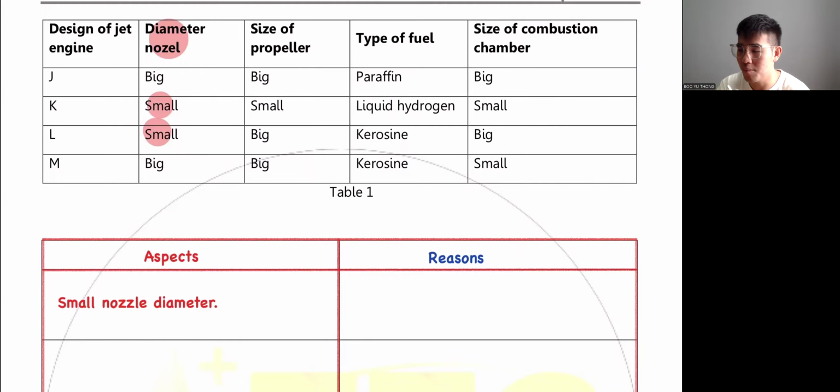Have you tried that before? Pinching the nozzle of the water hose to make it become smaller. And then what happens? When you pinch it, the water flows out faster, right?